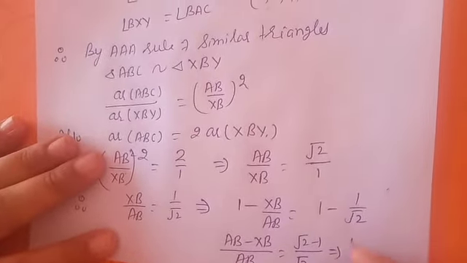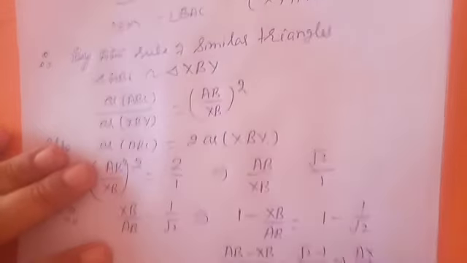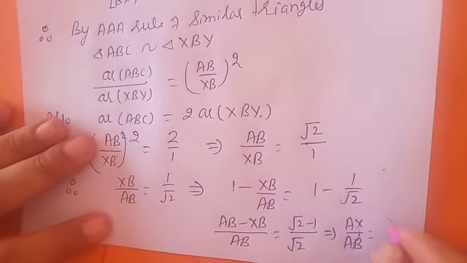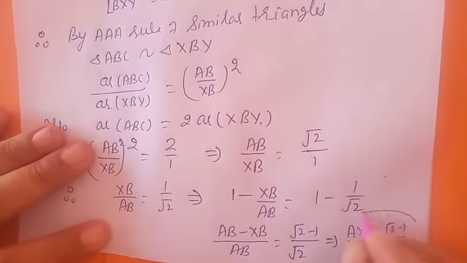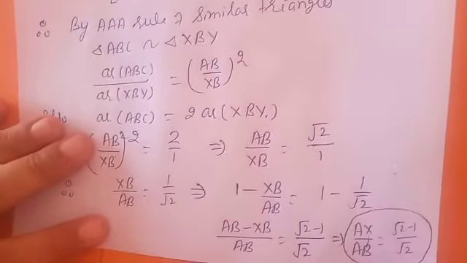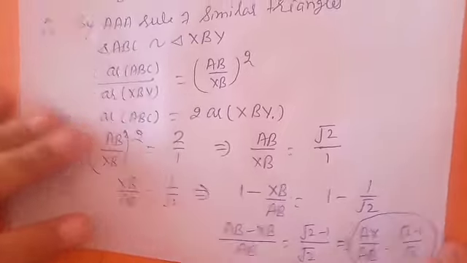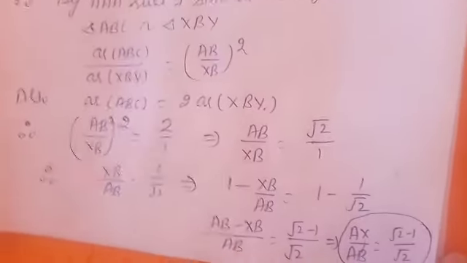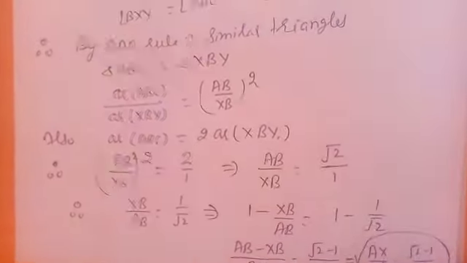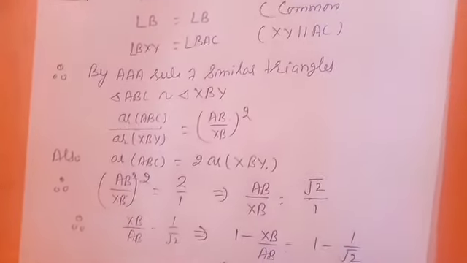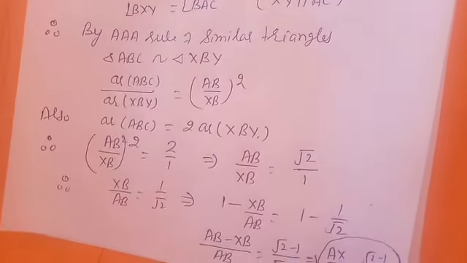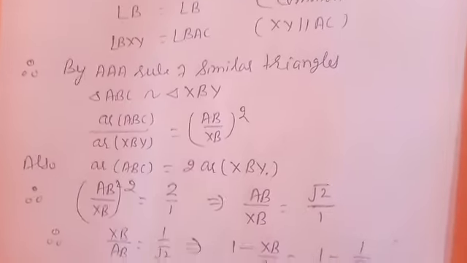This implies AX by AB is equal to root 2 minus 1 by root 2. This is your answer. So you can solve this example, try to understand this theorem and solve exercise 6.4 in your rough notebook. Tomorrow we will discuss this theorem and this exercise. Thank you all of you.